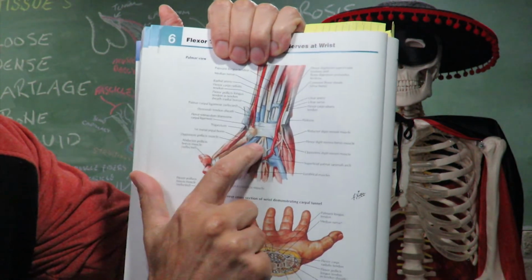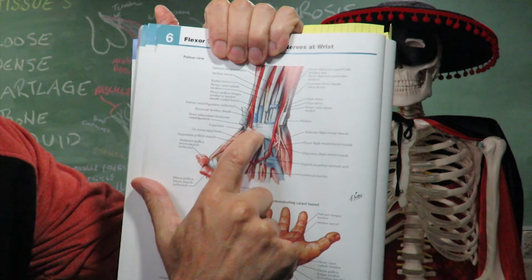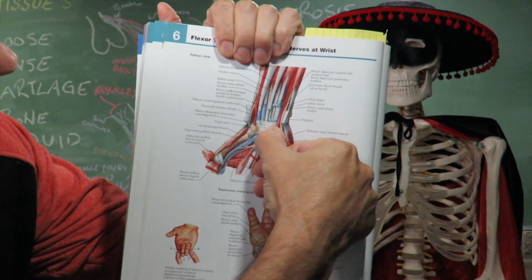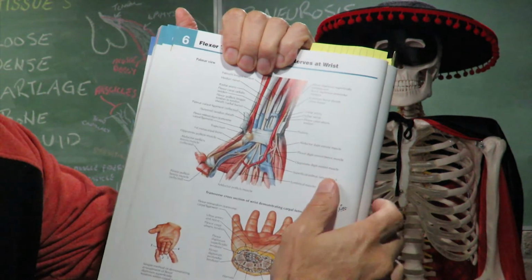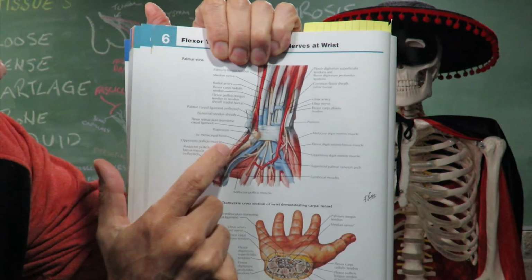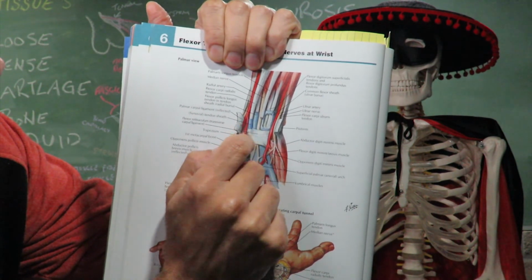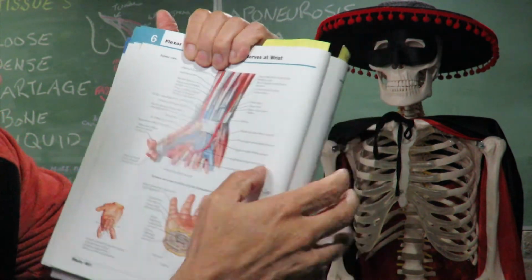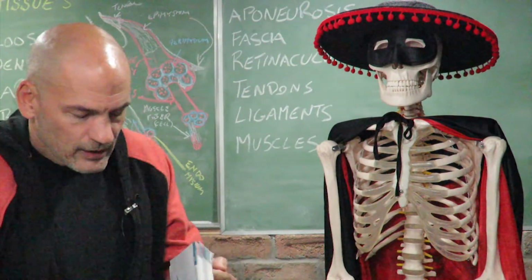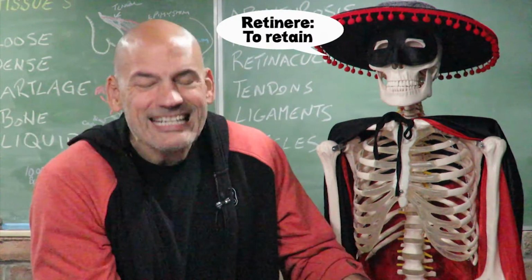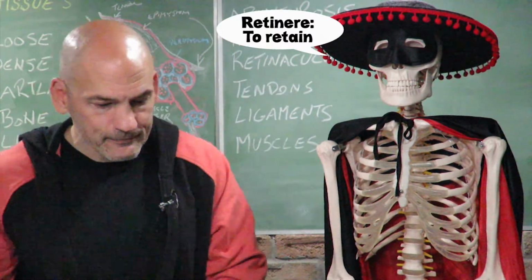Forearm and hand, and that would be it right across there. Coming through here are the tendons, and that little white one there is actually the median nerve. Can you see that well enough? Flexor retinaculum, tendons, nerve. And retinaculum comes from the Latin verb retinere, meaning to retain.